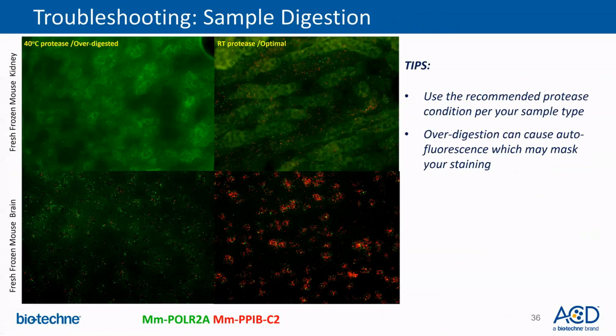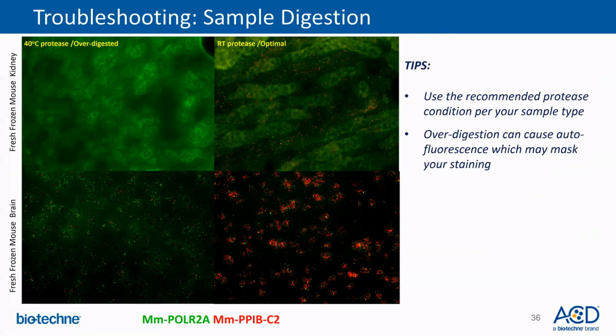The other troubleshooting parameter is sample digestion. The tip to resolve this is to use the recommended protease condition as per your sample type. Please note, overdigestion can cause autofluorescence, which may mask your staining, which is evident from the upper left panel showing fresh frozen mouse kidney.